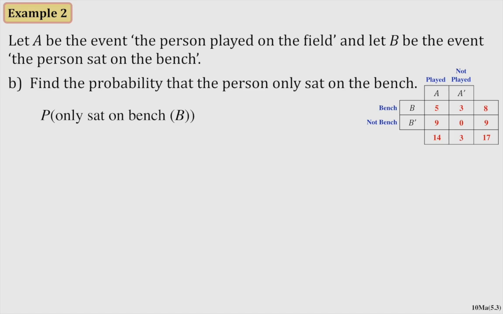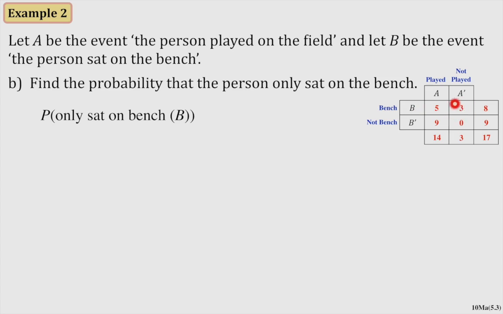Part B says, find the probability that the person only sat on the bench. They only sat on the bench. Okay, so that means we want to go to B. If we go to the B value, they only sat on the bench would have meant they did not play.